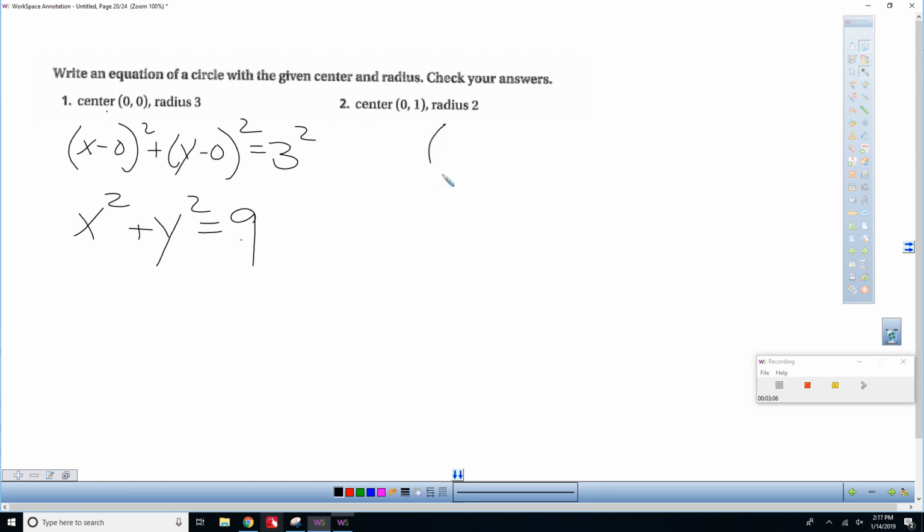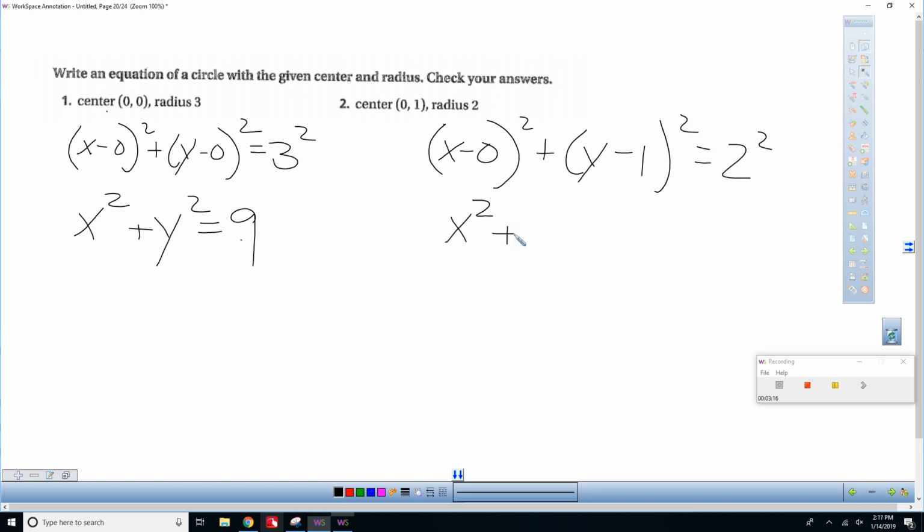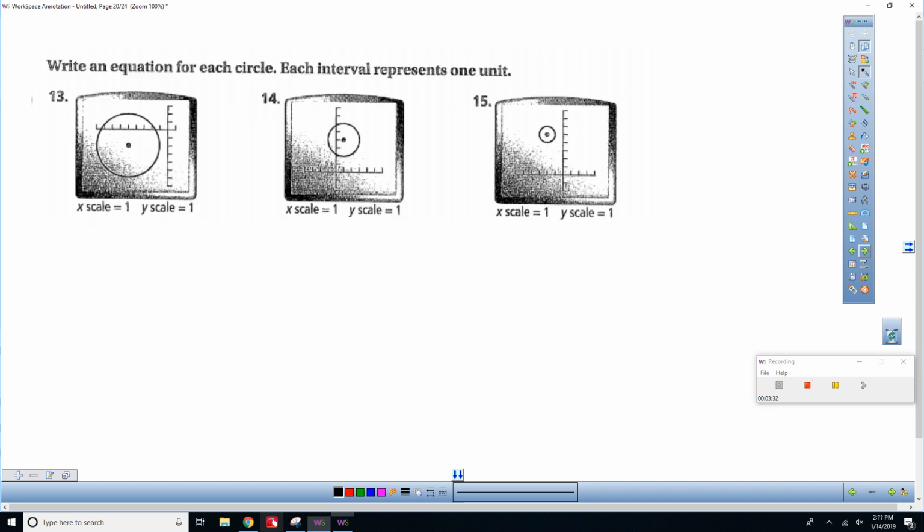This one would be x minus 0 squared plus y minus 1 squared equals 2 squared. We wouldn't write it like that. We would write it like this. Now, don't FOIL this. Don't expand this. Equals 4. Expand the 2 squared, but don't expand that. So that is the equation of a circle centered at 0, comma 1 with a radius of 2.